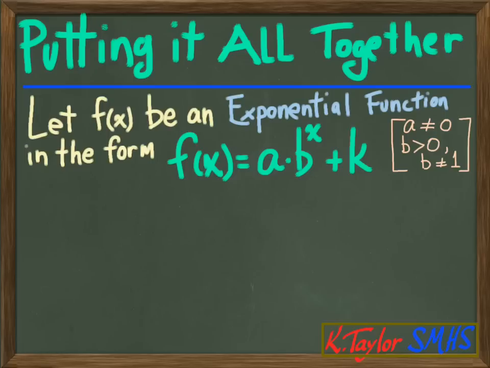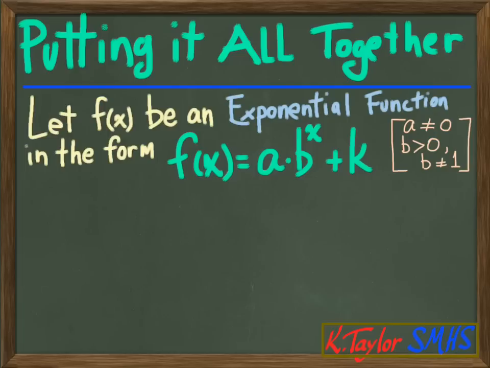Weird things happen then, be a subject for another video, I think. And we don't let b equal 1 because 1 to the power of anything is still just 1, and it's just not a useful type of exponential function. It's not that it's undefined or doesn't exist, it's just not useful in the class of exponential functions. So we don't let b equal 1.